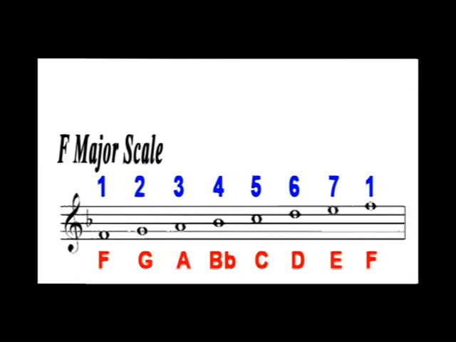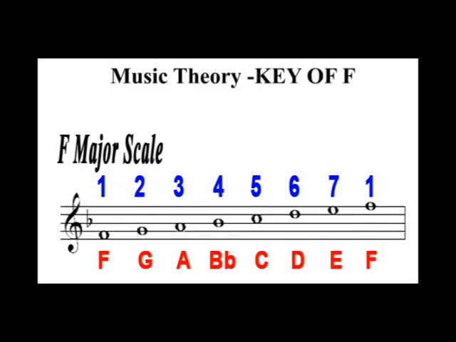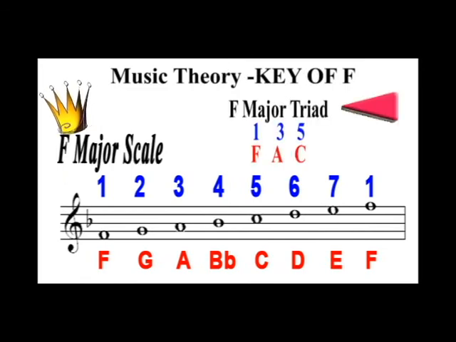Now that we have had the opportunity to play and hear F sus2 and F sus4 to get the sound of those suspended chords in our ear, let's examine the theory associated with suspended chords. Of course, in music theory, the major scale is the king. The most common chord is a major triad. The formula for a major triad is 1, 3, 5, the first, third, and fifth notes of the major scale.